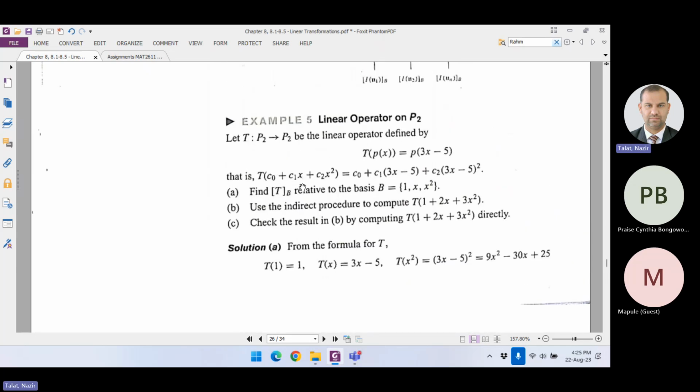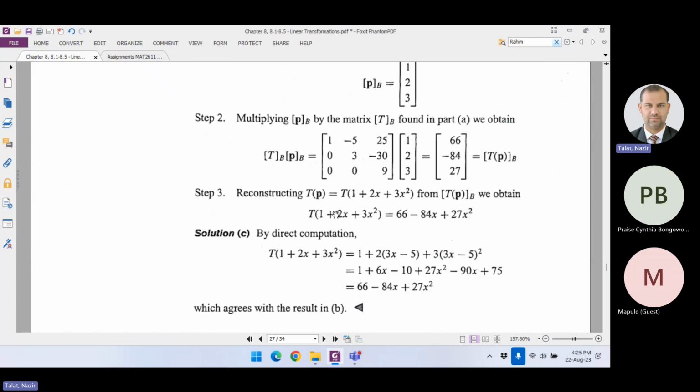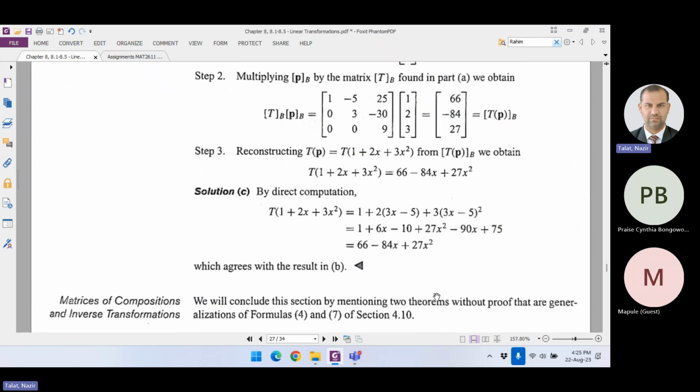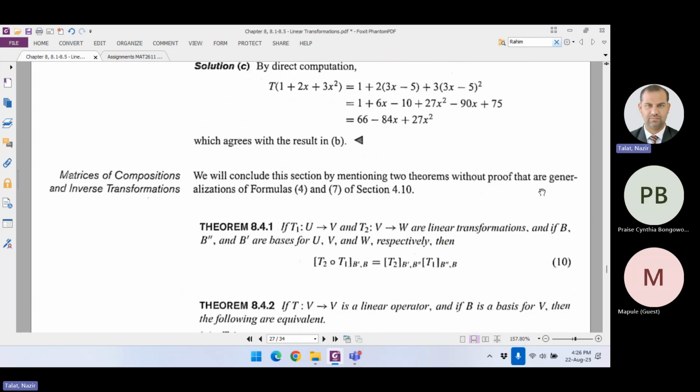So for the values C0, C1, C2, we have 1, 2, and 3. Then after the computation and simplification, we will get this as the image of 1 plus 2x plus 3x square. So this is the result, or this is the direct computation method.